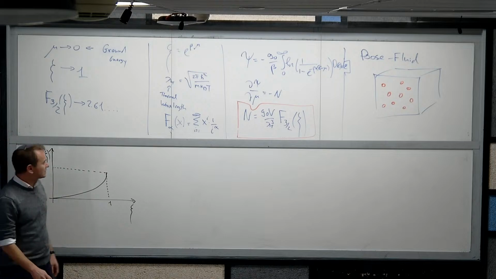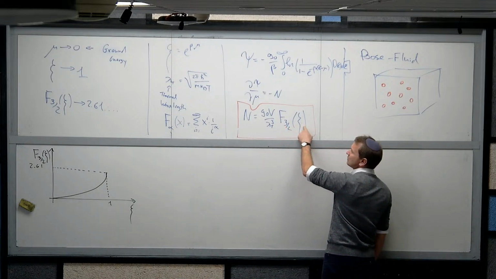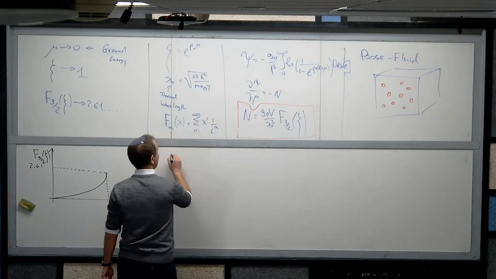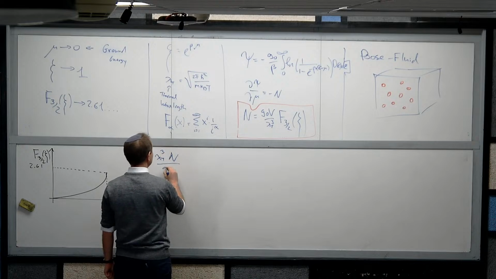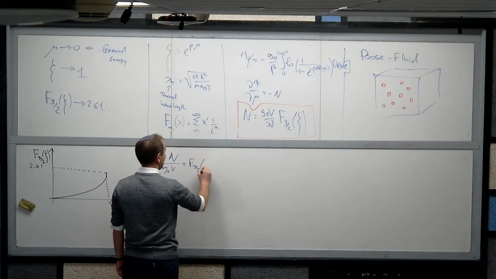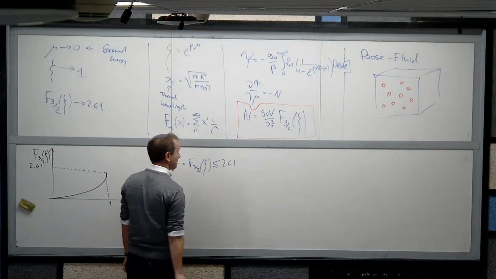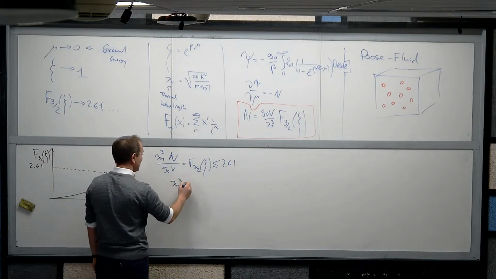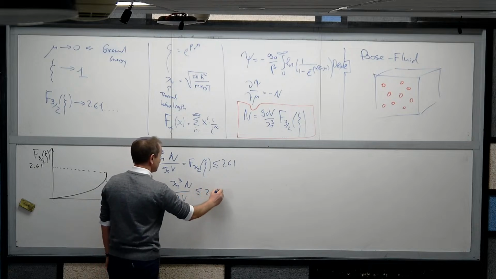Now, this means that f_{3/2} of the fugacity, which we can write as N lambda_T cubed divided by g0 V, is smaller than 2.61.